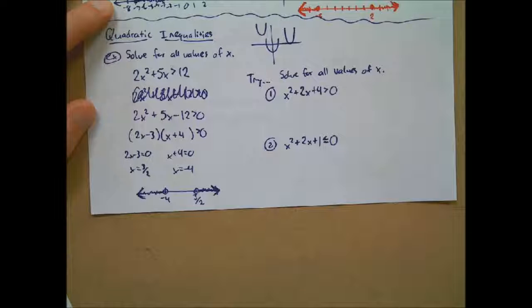So try those two, and then that's it. We're done for the day. Okay, let's go. And again, if you get stuck on one, feel free to try a different one. Try the other one there.